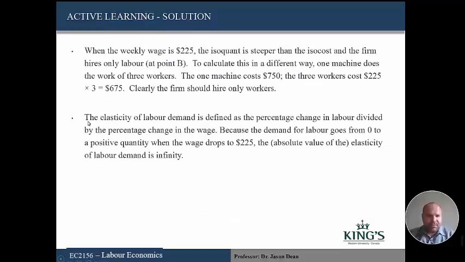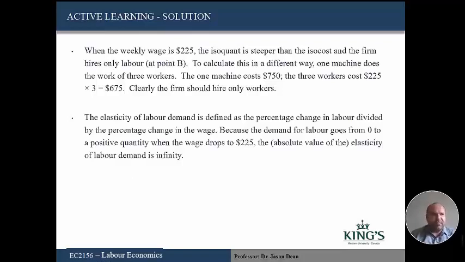Just to finish up, the elasticity of labor demand. Remember, it asked about the elasticity in part C. The elasticity of labor demand is the percentage change in the quantity demanded of labor divided by the percentage change in the wage.